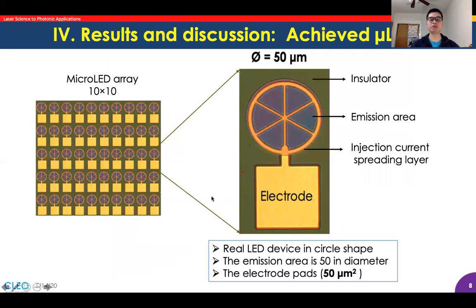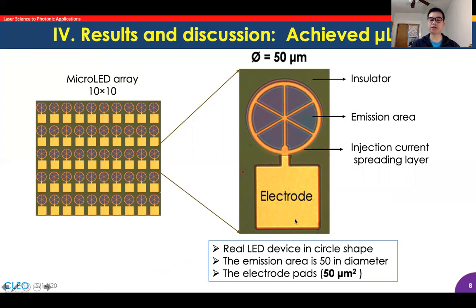After the fabrication process, we achieve an array of micro LEDs. If we pick up an LED to see under an optical microscope, we can see here the circle area is the emission area where the light comes out. The diameter of the circle is 50 microns, which is just half that of a typical micro LED.